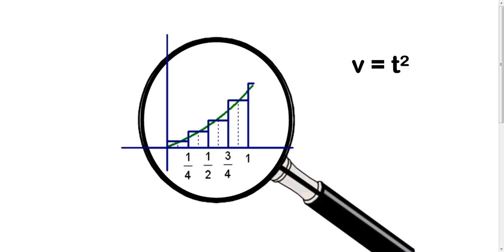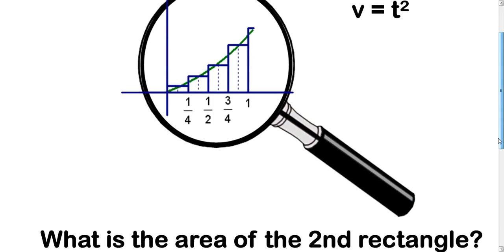I can move on to the next rectangle as well, and keep repeating this process. If I look at this rectangle right here, the base is the distance between 1/4 and 1/2, which is obviously 1/4. The height is this distance right here, at the midpoint between 1/4 and 1/2.